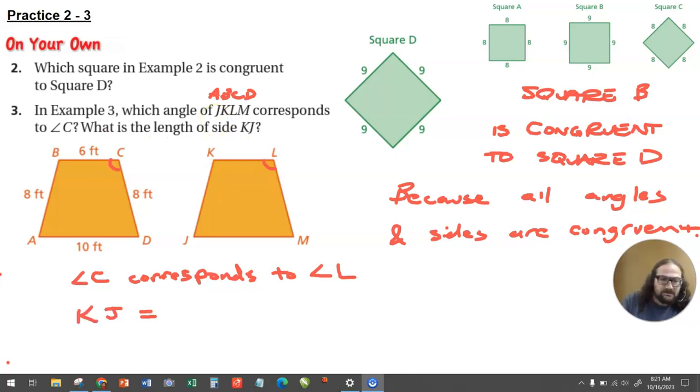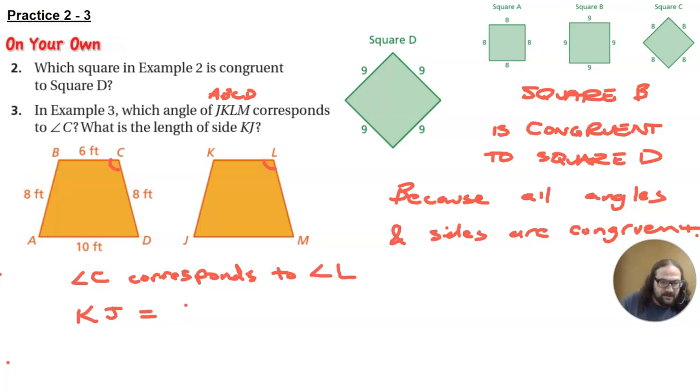KJ corresponds to BA, and BA, we look over here, is 8 feet. Since they correspond, they have the same length, so JK equals 8 feet.